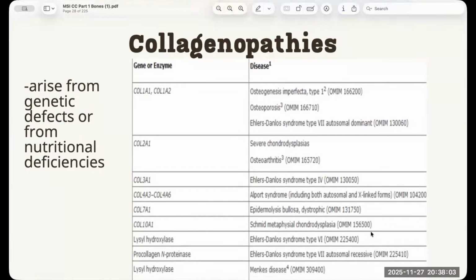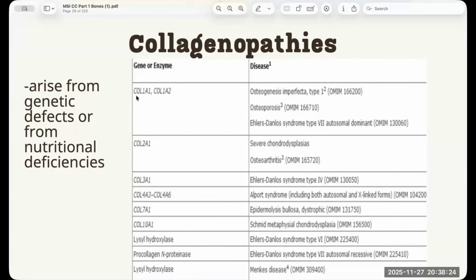All right. So collagenopathies arise from genetic defects or from nutritional deficiencies. There are a couple of genes named here with their diseases. Now, as we go through this crash course, we'll be covering the ones that are important.